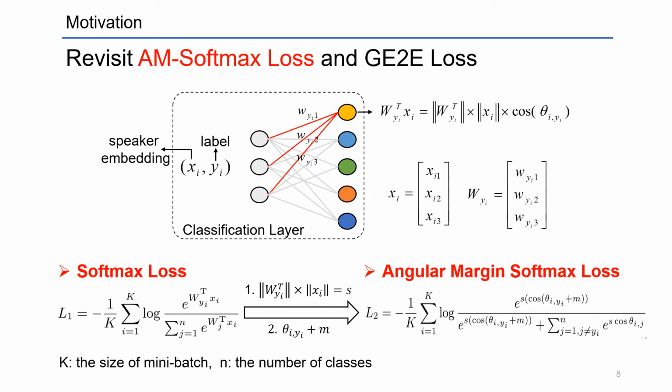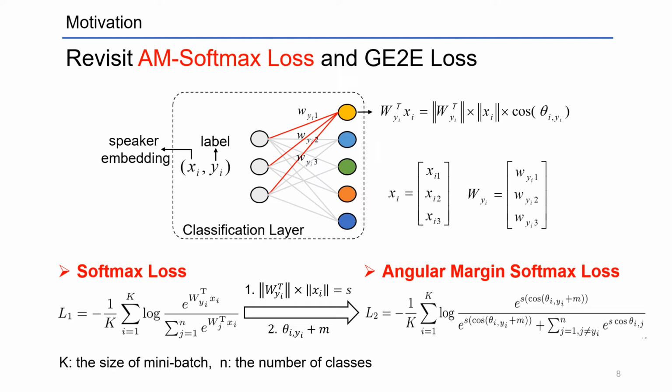When using the Softmax loss, the classification layer maps the speaker embedding to the scores corresponding to different speaker classes. These scores are the inner products of the speaker embedding and the weight vectors.